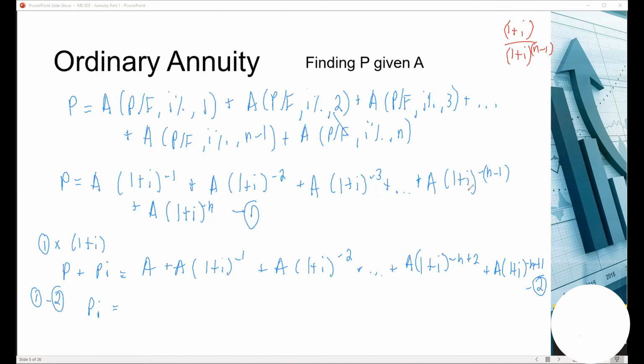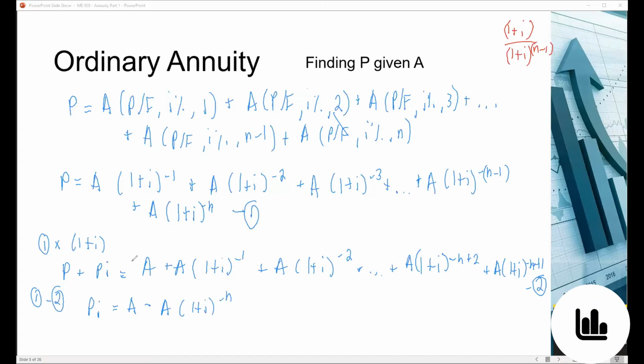And ano rin tong negative n plus ito, pag dinistribute mo din yung ano, magka-cancel out din to. Ano ang matitira? Okay, you will be left with PI, tapos A, ito matitira tong A, no? Minus A raised to 1 plus I raised to negative n.